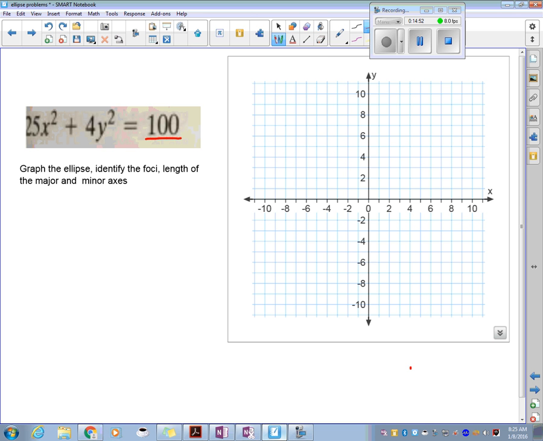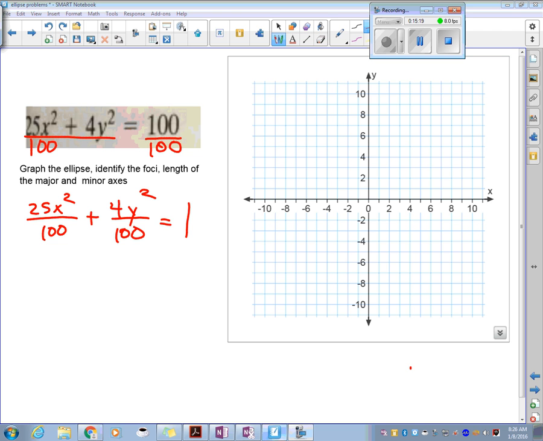If we divide this by 100 and divide this by 100, then we get 25x squared over 100 plus 4y squared over 100 equals 1. And so when we reduce those fractions, you get 1/4, or x squared over 4.